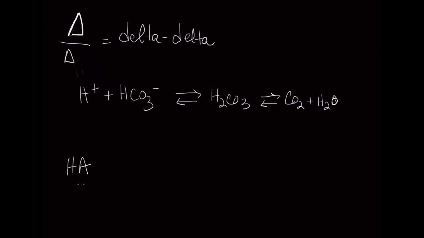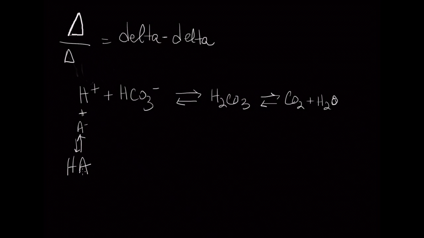So it doesn't matter, but it's any kind of acid that will dissociate into A minus plus H plus. And those protons then participate in this equilibrium reaction to eventually form CO2, which you exhale.